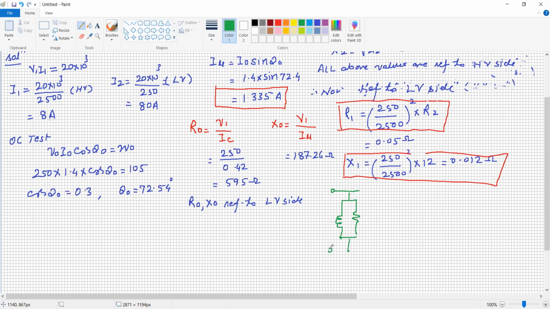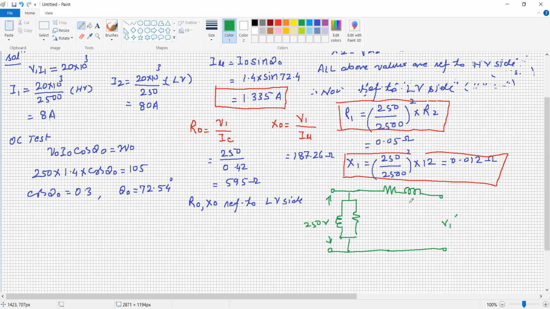These are the shunt parameters, resistance and reactance. This is the 250 volt supply, V, referred to the secondary side, so it is V1 dash.